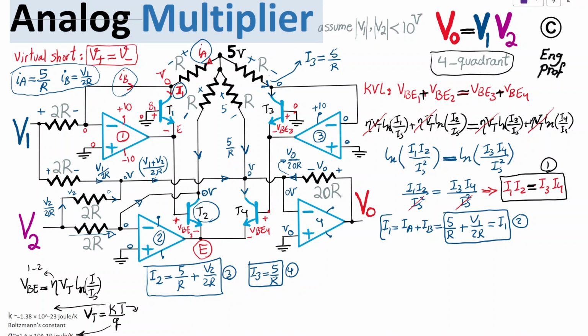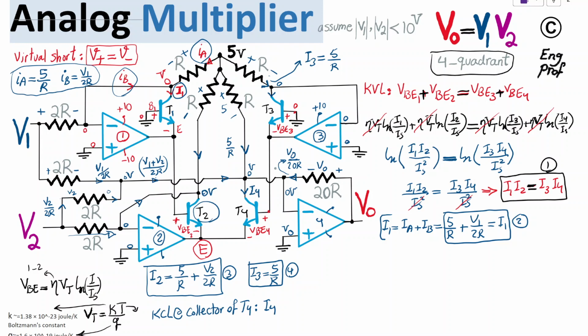Okay, so what I'm going to write as the last KCL, Kirchhoff current law at the collector of transistor T4. You can see that we have a bunch of currents coming and forming the current of collector 4. So this is I4.